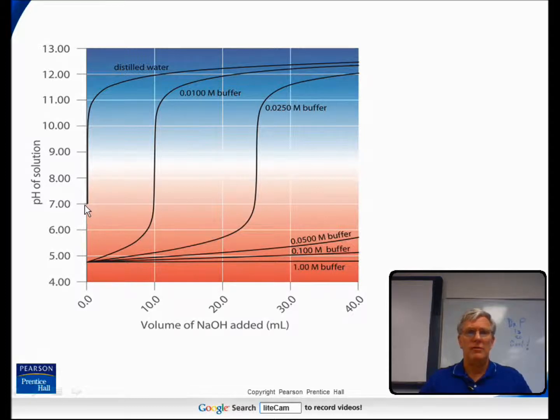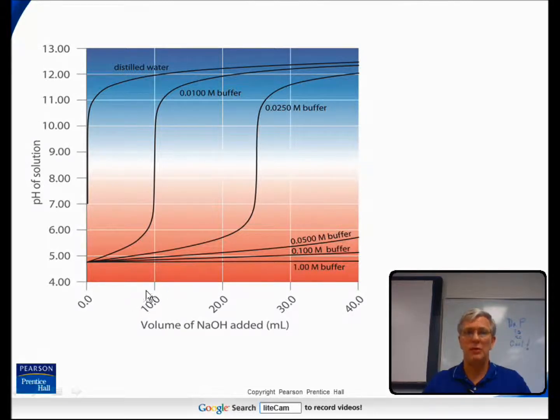Please notice that the addition of just a very small amount of sodium hydroxide causes a drastic jump in the pH of distilled water. These other lines represent various concentrations of buffers added to the water, with this line being the highest concentration of buffer.